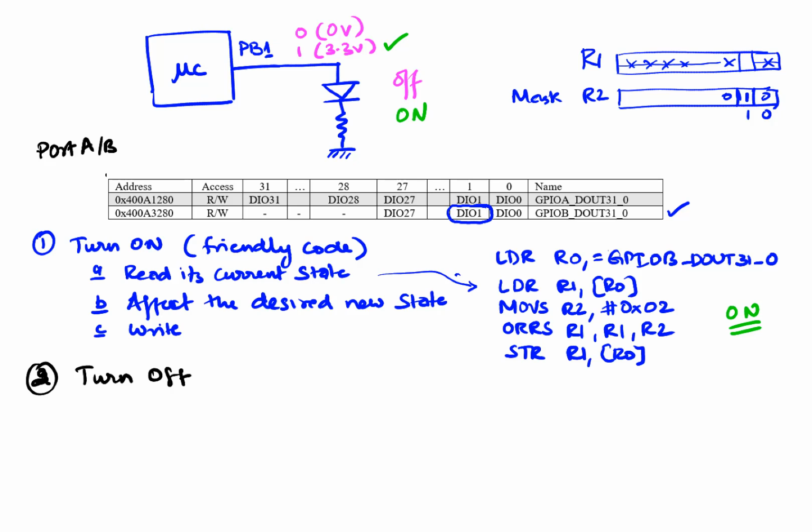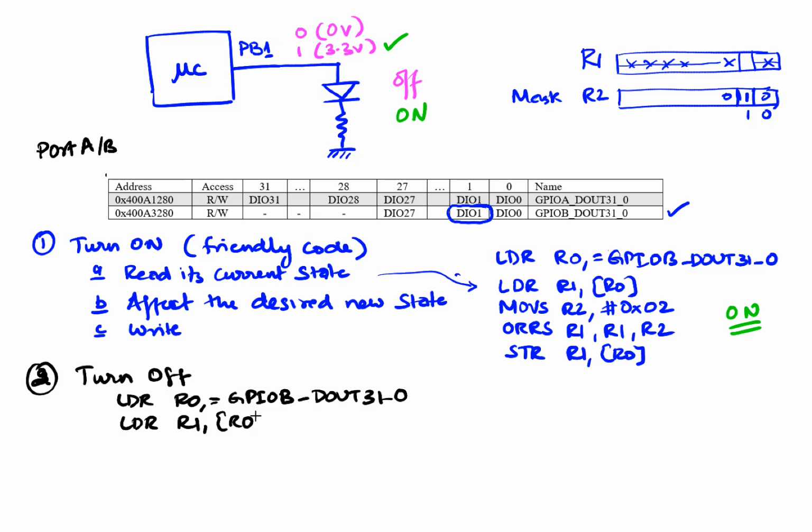There's a couple of ways to do it, but the proper and friendly way to do it is we read the current state, affect the desired state, and then write it. So here's what we're going to do. Again, we'll load into register R0 the GPIOB_DOUT31_0. We're going to read its current state into some register R1.